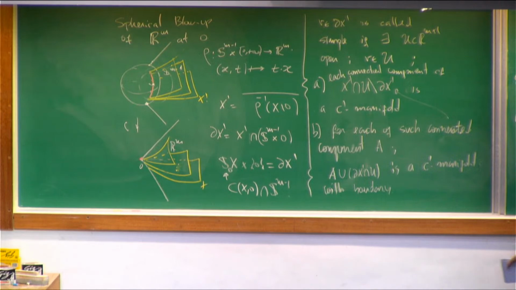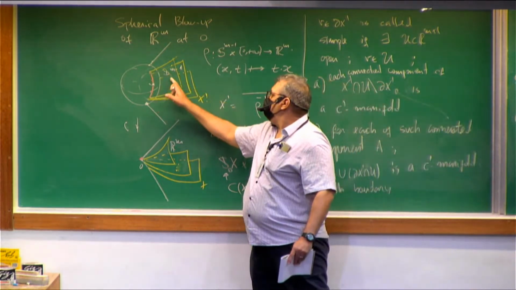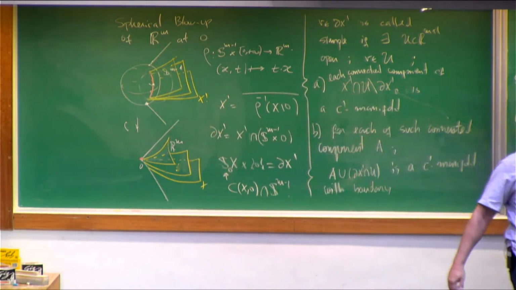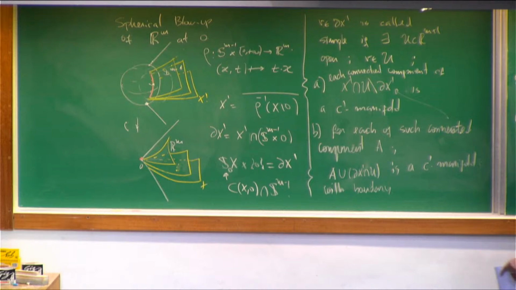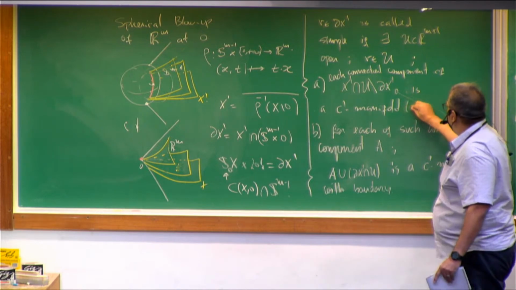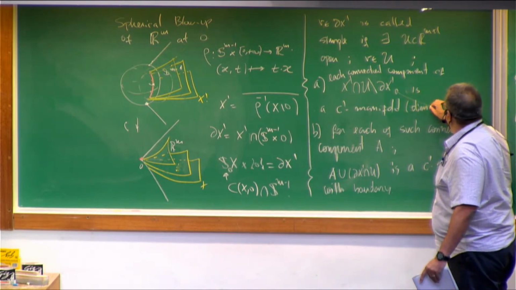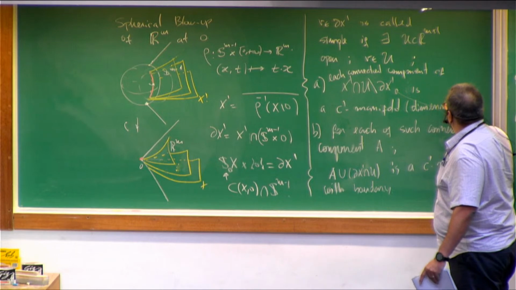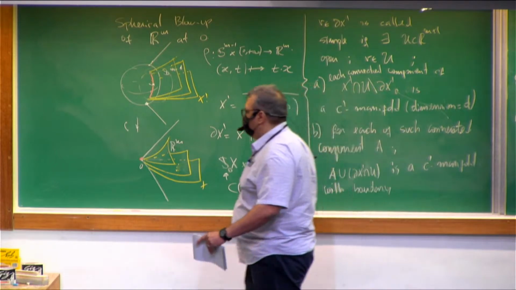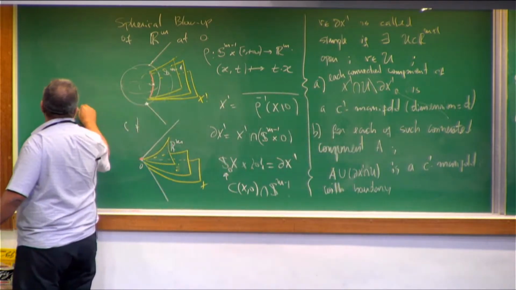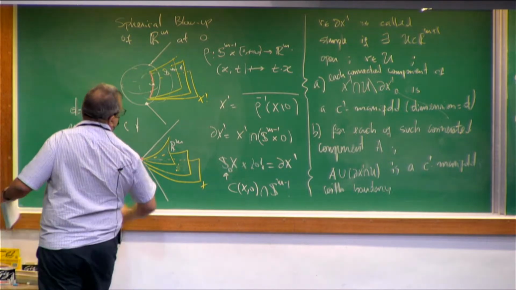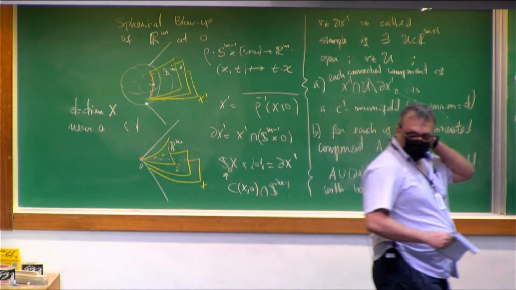Okay. When we remove this, it is a manifold. When you add it, it is a manifold with boundary. This is what I mean by pamphlet. And one more thing that is important, the dimension of this pamphlet is D, where D is the dimension of X near 0. This is a D-dimensional pamphlet.